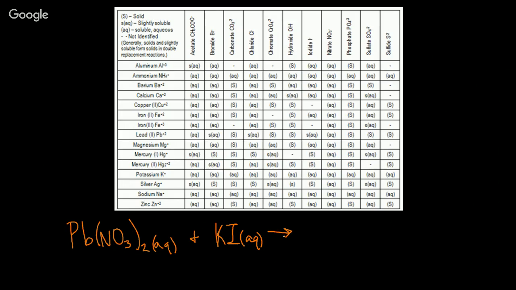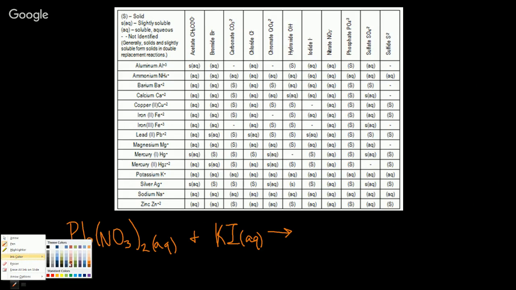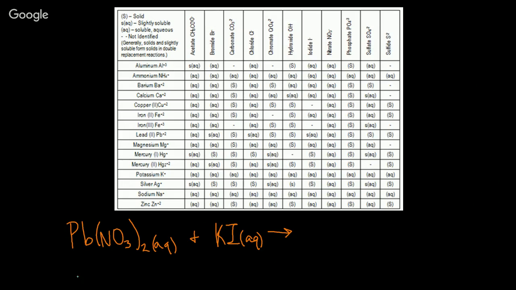We want to know, does this reaction work? All right, so for double replacement, the cations switch partners. So this Pb will go with I, and K will go over with nitrate. So we've got Pb plus 2, it's lead 2, and iodide, which is a negative.